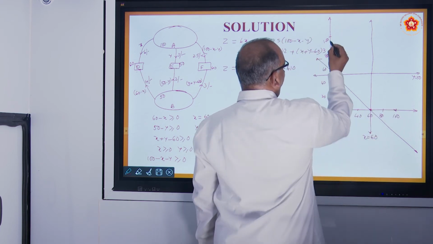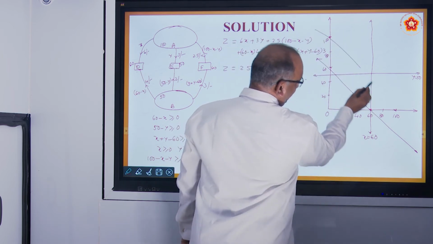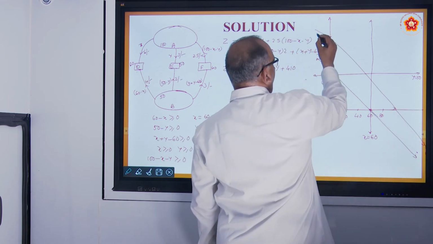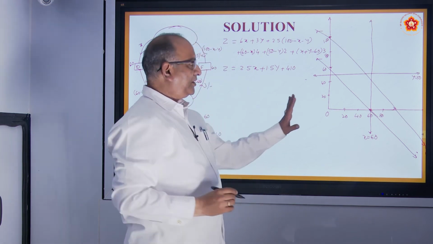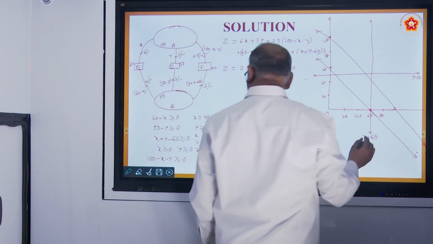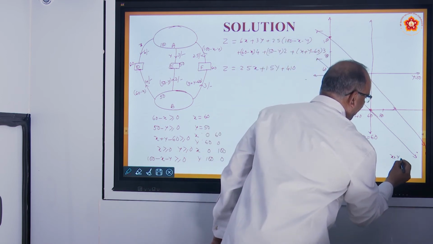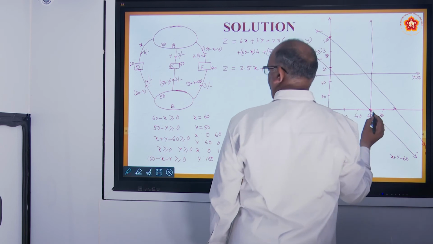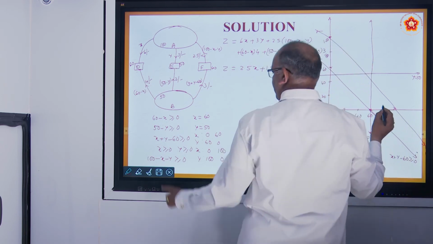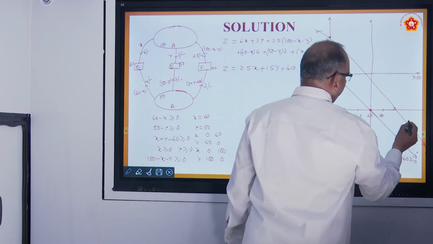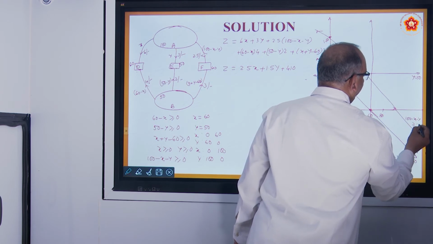X is 100, y is 0. So, there is one more line here. So, we have drawn all the 4 lines. This particular line represents x plus y minus 60 greater than or equal to 0, and this represents 100 minus x minus y greater than or equal to 0.